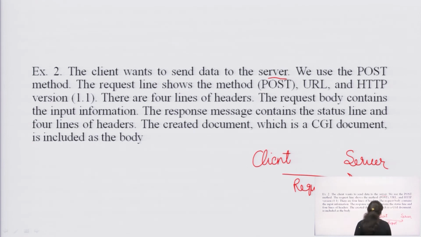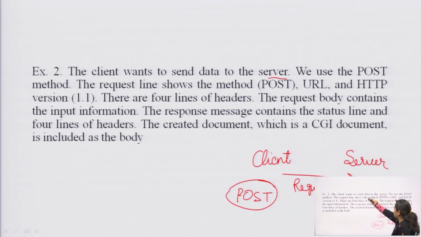Previously we used GET and now we want a POST method. So, the request line shows the method POST, URL, HTTP version 1.1, same as before. Then there will be 4 lines of header. The request body contains the input information, and the response message contains the status line and the 4 lines of header.